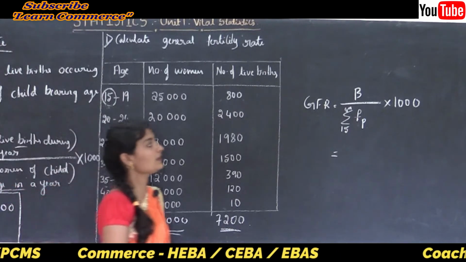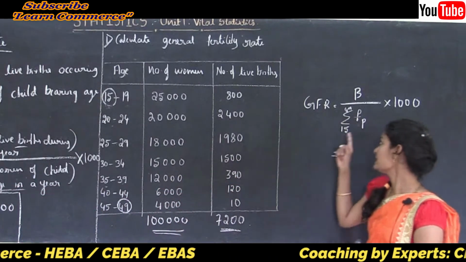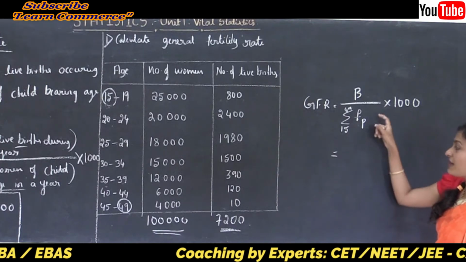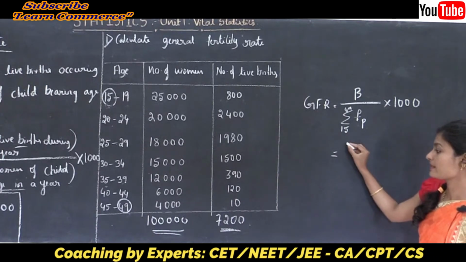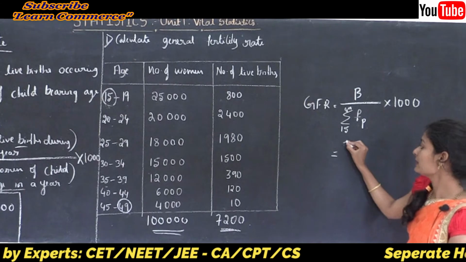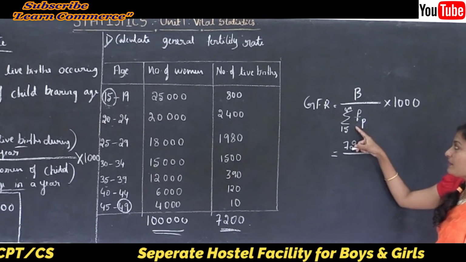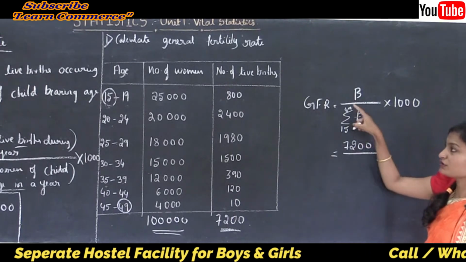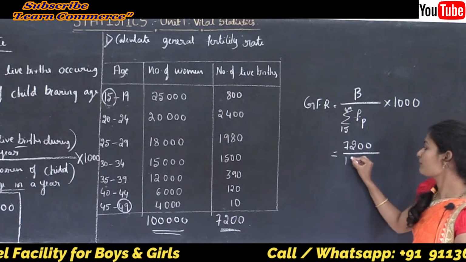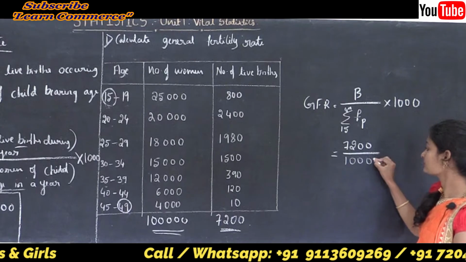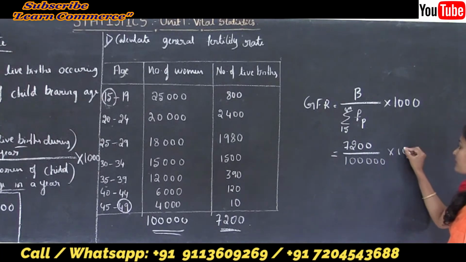So we got the total of B and the sum of female population. Now I will substitute: B, births, are 7200 divided by the sum of female population aged 15 to 49 years, that is 1 lakh, into 1000.